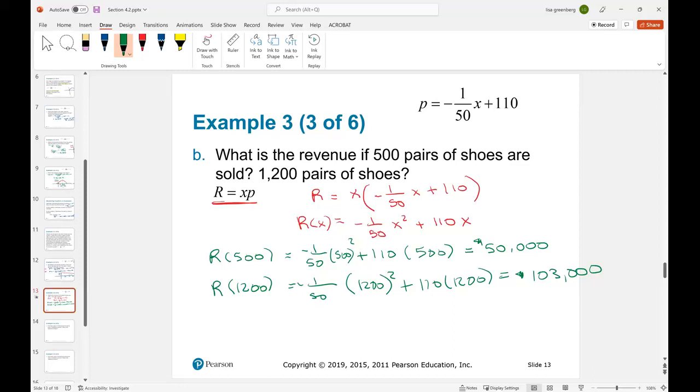So I doubled my money a little bit more than double, but I more than doubled the amount of shoes I sell. So it's working out that it's almost the same, right? We're almost making the same amount, even though probably I'm charging less for the second one.